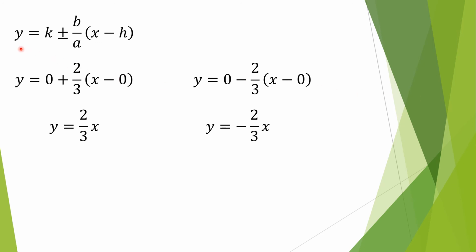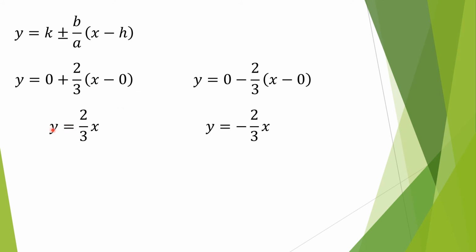Let's solve now for the equations of the asymptotes. That is y equals k plus or minus b over a times the quantity x minus h. Substituting k, which is 0, we use addition first. Our b is 2, our a is 3, times the quantity x minus h, which is 0.